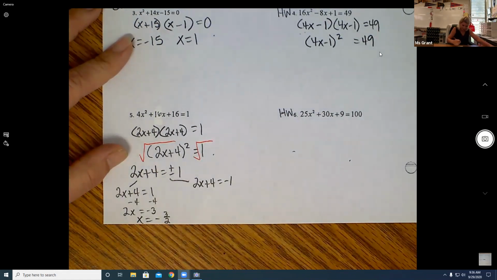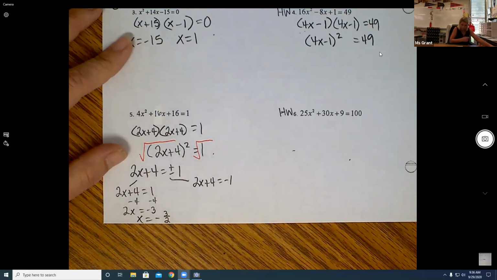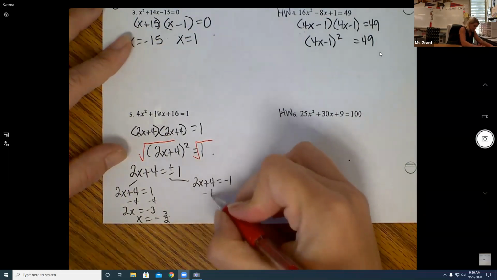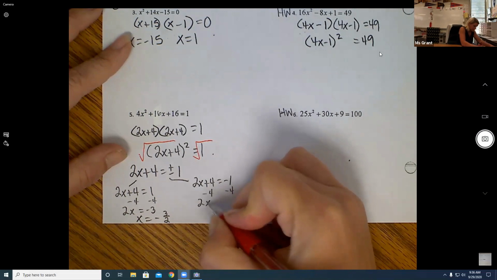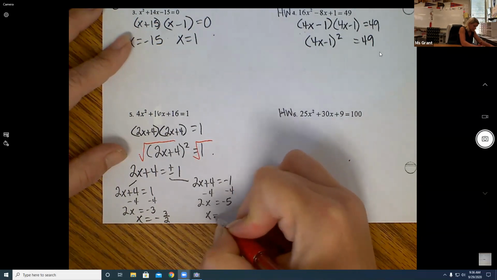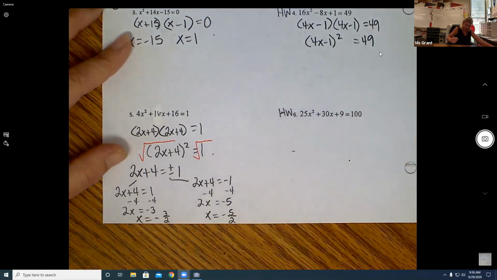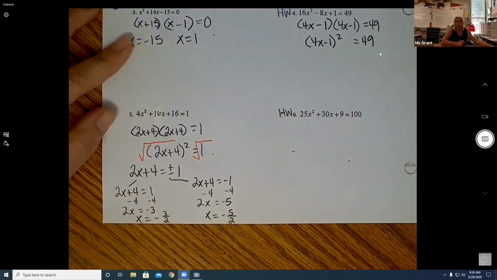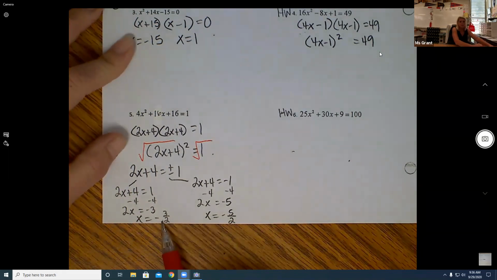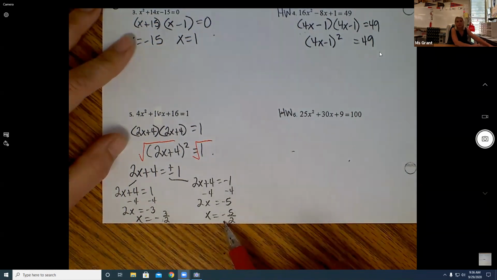I got x equals negative 3/2. X equals negative 5/2. If you were graphing this, these would be your x-intercepts, which means you would have to change them to mixed numbers, negative 1.5. And this one, negative 2.5. These are going to be your x-intercepts, your solutions, your zeros, your roots. These are all synonyms.